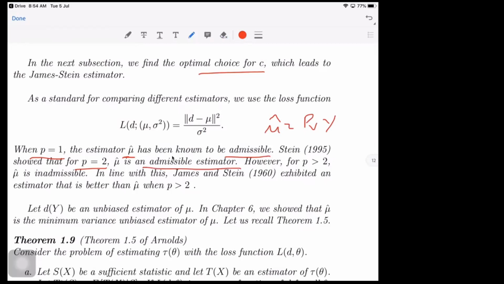However, the problem comes when P is greater than 2. Mu hat becomes inadmissible. So in line with this, James-Stein in 1960 exhibited an estimator that is better than mu hat when P is greater than 2.